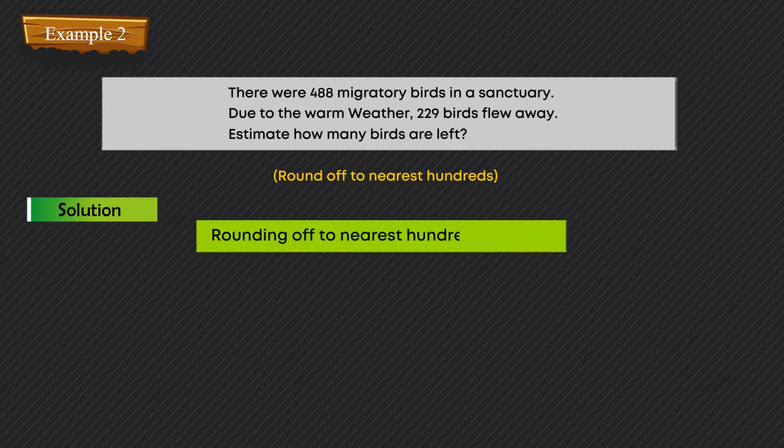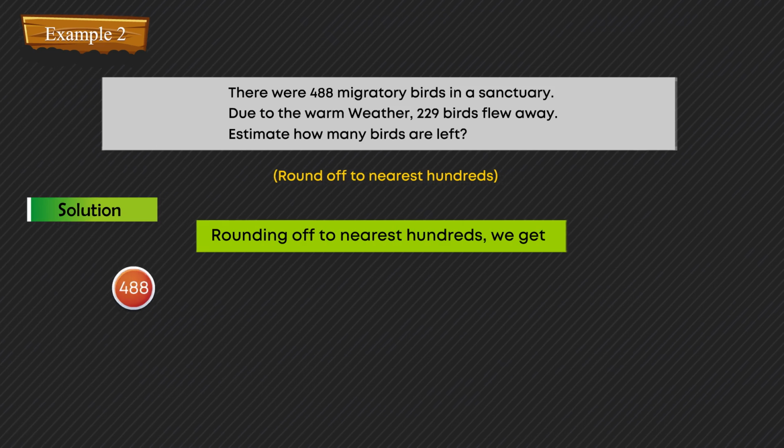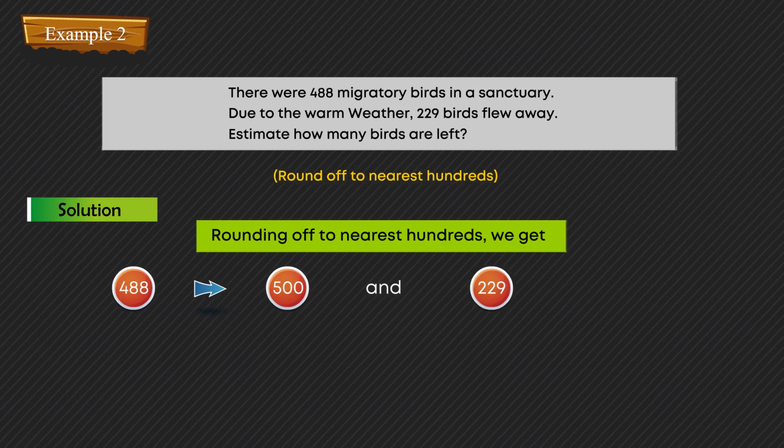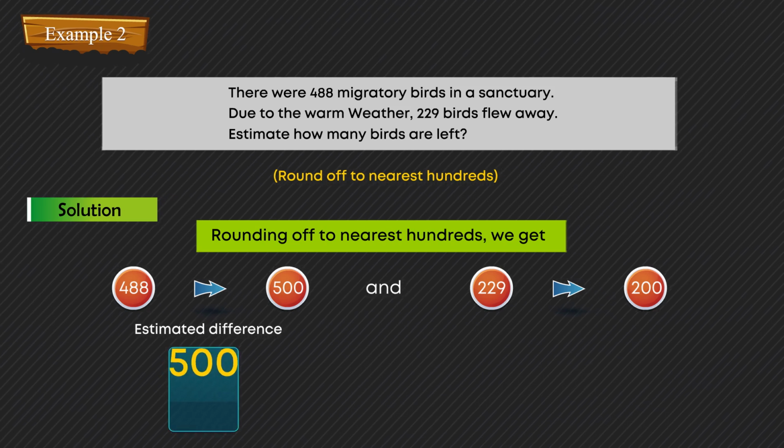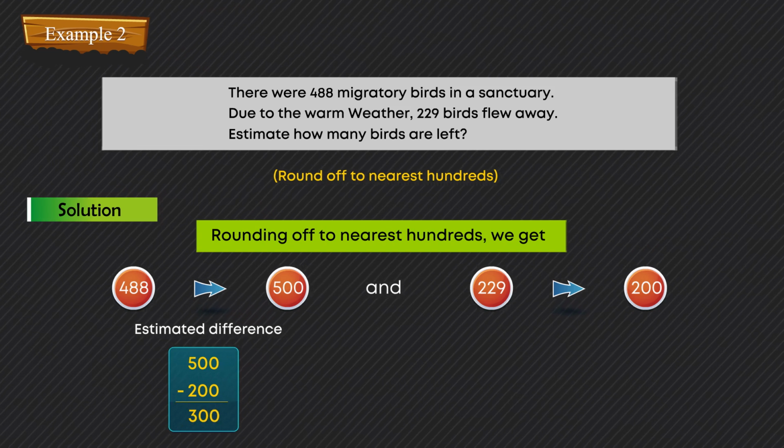Rounding off to nearest hundreds, we get 488 rounds to 500 and 229 rounds to 200. Estimated difference. 500 minus 200 is equal to 300.